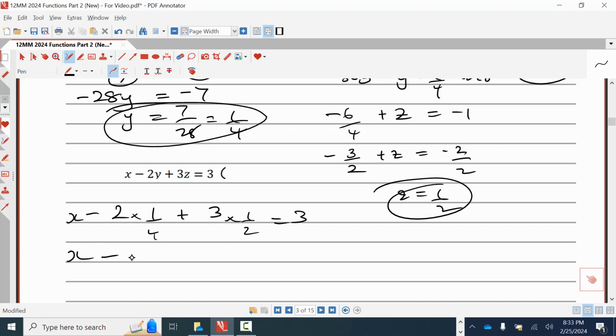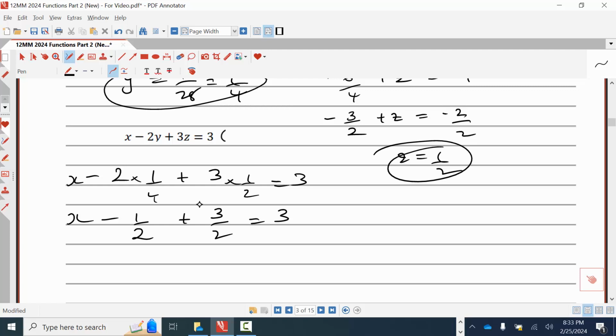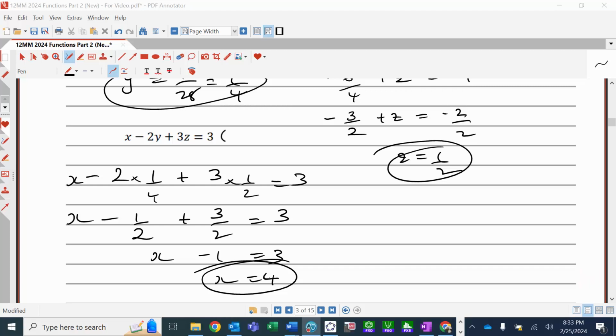X take away a half plus 3 on 2 equals 3. Okay, so that's 2 on 2, which is 1. X take away 1 equals 3. X equals 4.